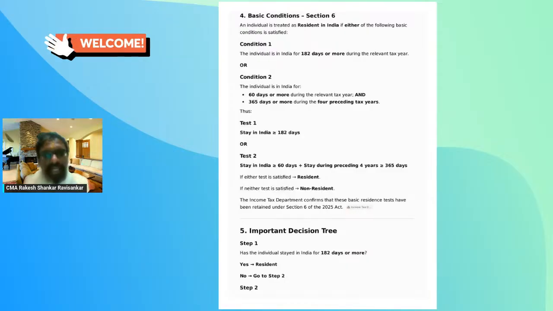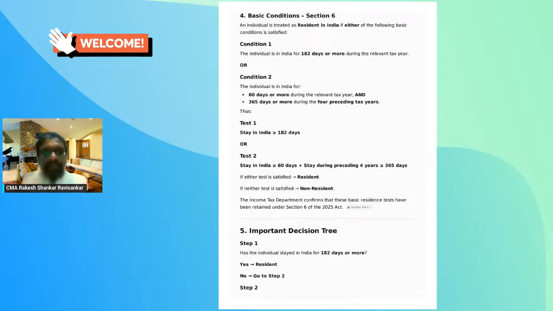When you do this test, the first is stay in India greater than or equal to 182 days, or the second is stay in India equal to or greater than 60 days, plus additionally you should check for 365 days.